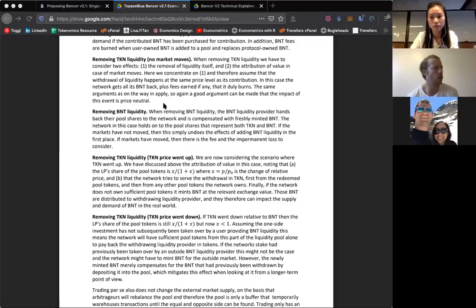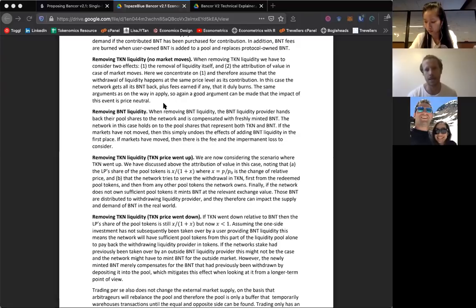Sure. So Asaf, maybe you can explain how the excess TKN becomes available. It's my understanding that when there are price movements, just like regular impermanent loss and shifting exposures, when the TKN price drops relative to BNT, the pool is buying the dropping asset.